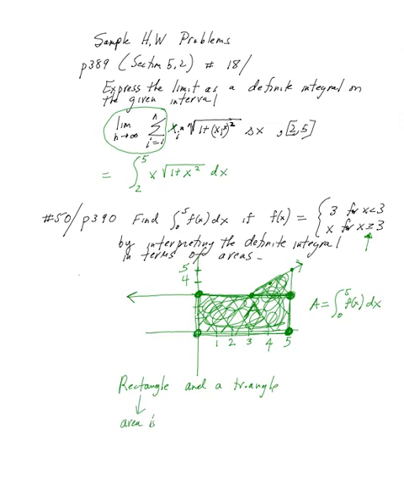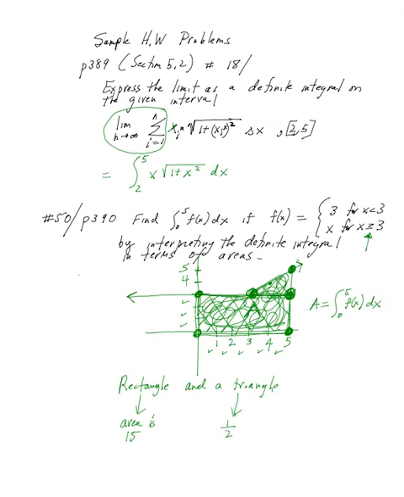Well, the width is 1, 2, 3, 4, 5. The height is 1, 2, 3. So the area is 15 square units. How about the area of the triangle that has this vertex, and this vertex? Area of a triangle is 1/2 base times height.